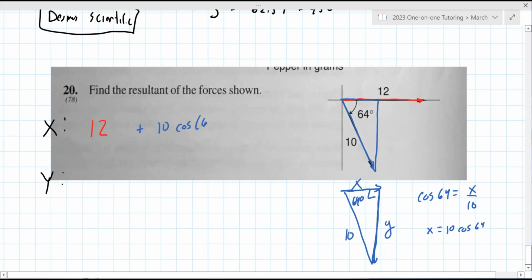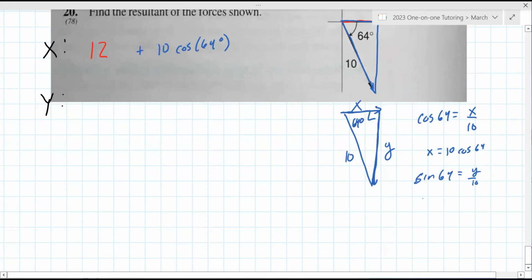The reason it's positive is because it's still going to the right. The y is similarly sine 64 is y over 10. Y is 10 sine 64. Now this one is going down. The triangle doesn't tell you that. You have to infer that on your own. You have to say, okay, it's minus 10 sine 64 degrees.